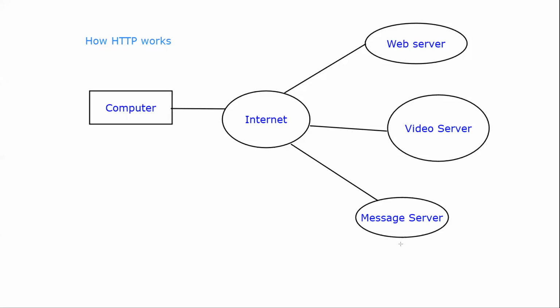If we explain this with an example, suppose a user wants to visit a website. The user types in the web address and the computer sends a GET request to a server that hosts that address.